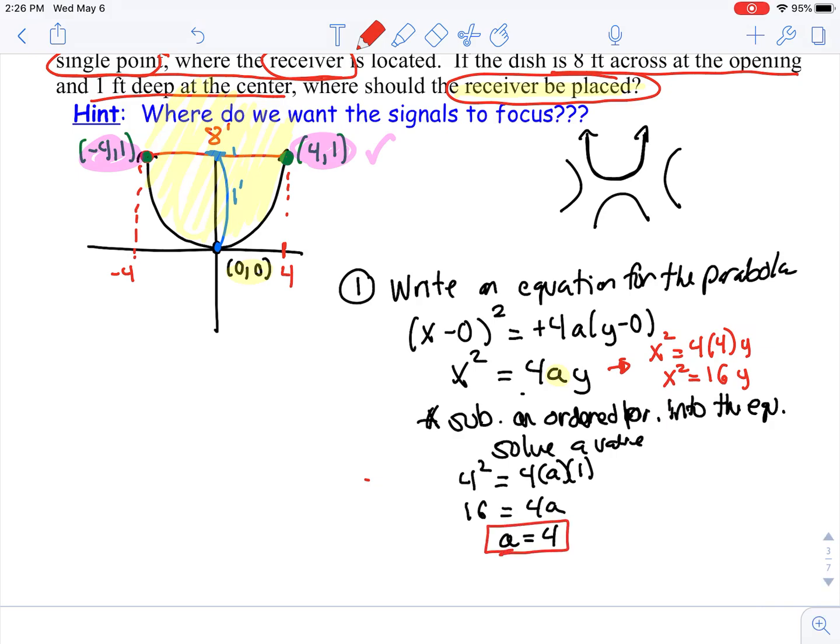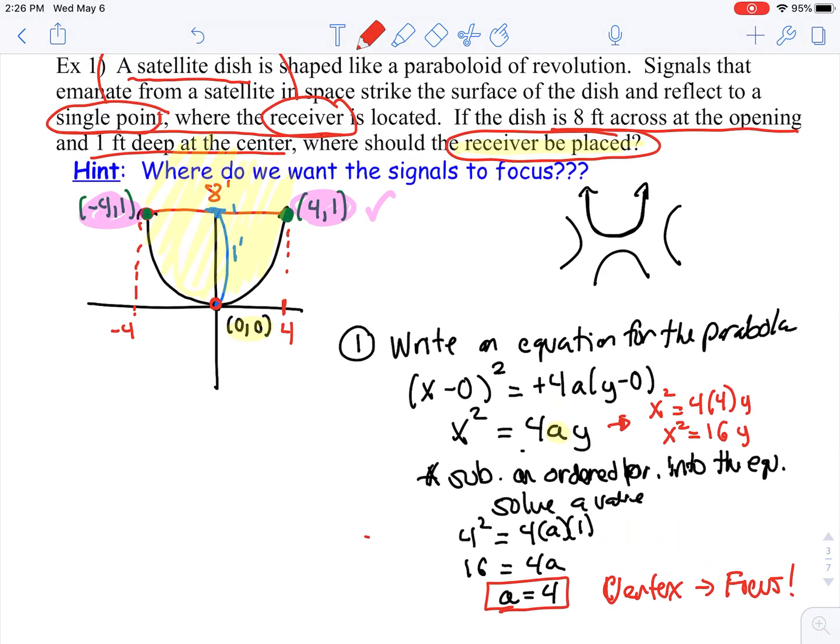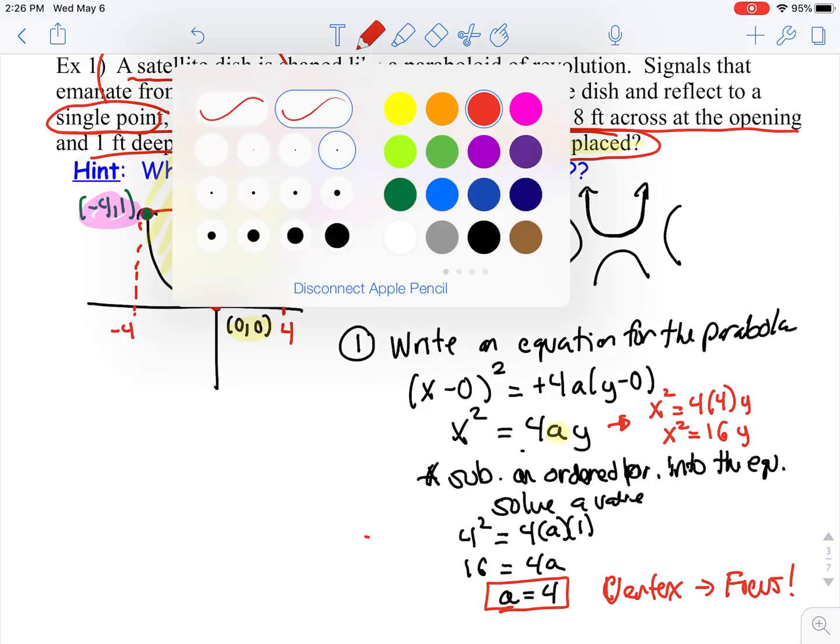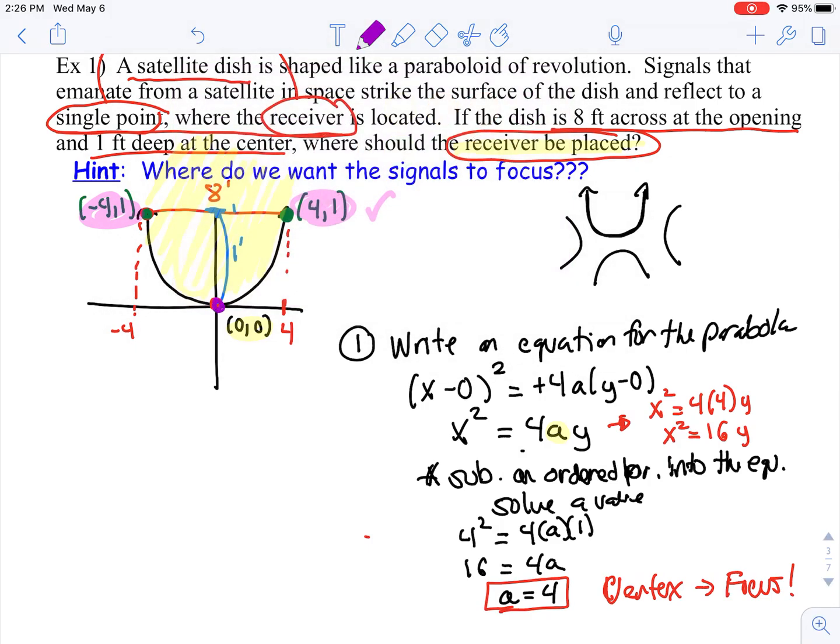So think about this a value. Remember that in a parabola, the a value tells you how far to go from the vertex to the focus point. If I know that my a value is 4, that means from this vertex, I'm going to have to go up 4 feet and place my focus right up there.